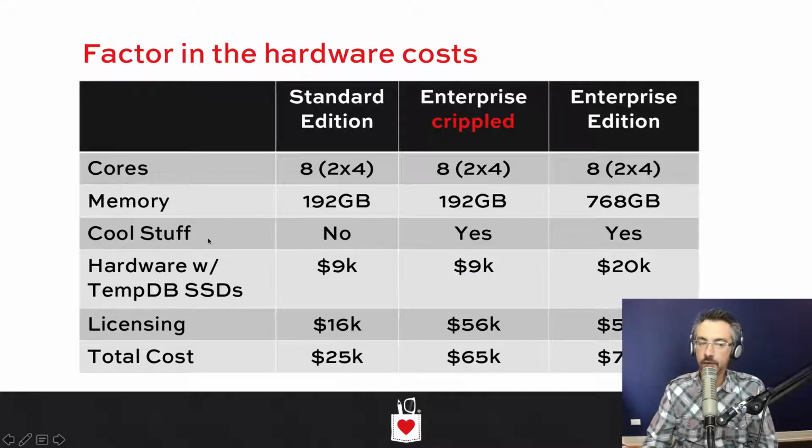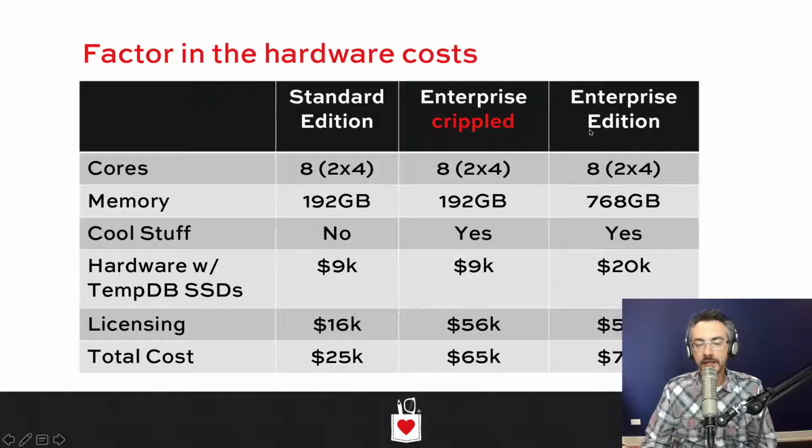Granted, it does not have the cool stuff that the Enterprise Edition gets, things like online index rebuilds, but with 192 gigs of RAM and solid-state drives for TempDB, we're only talking about $9,000 for hardware. So the total combined cost of Standard Edition licensing and the hardware is about $25,000 US. You shouldn't go any lower than this in terms of RAM and a couple of solid-state drives because you're not even close to the same price as the licensing is.